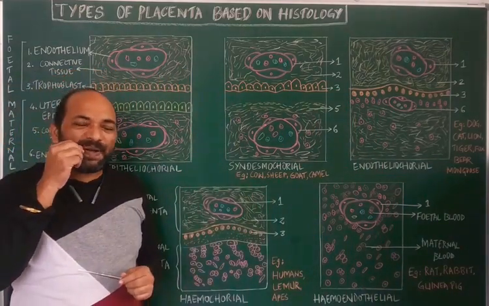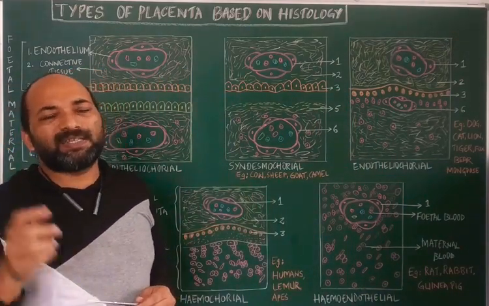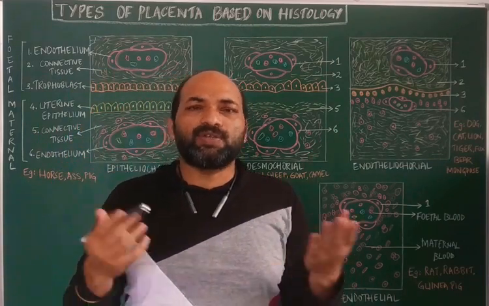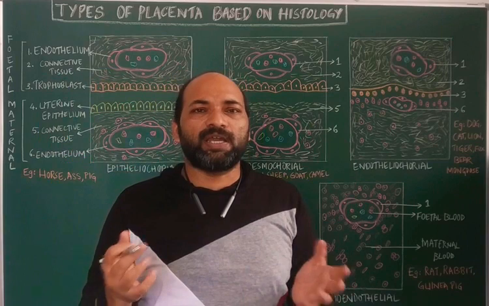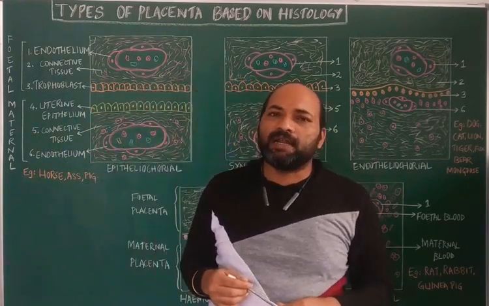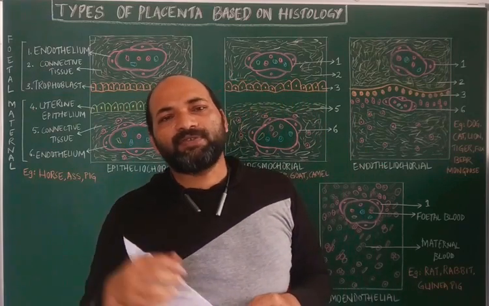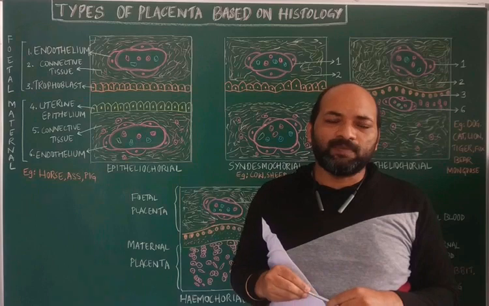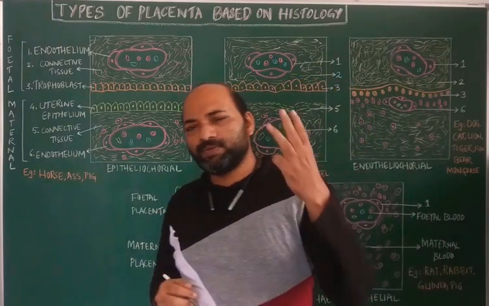And the last one is called the chorionic placenta, where the placenta is derived from the chorion. In human beings, you can expect the chorionic placenta, as we discussed in the earlier video.